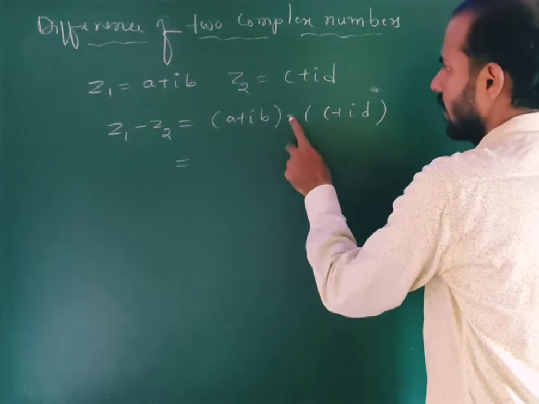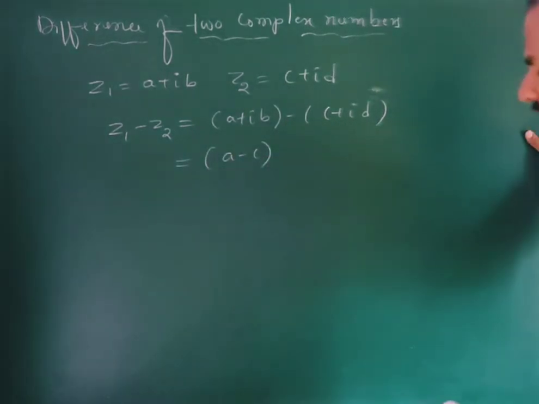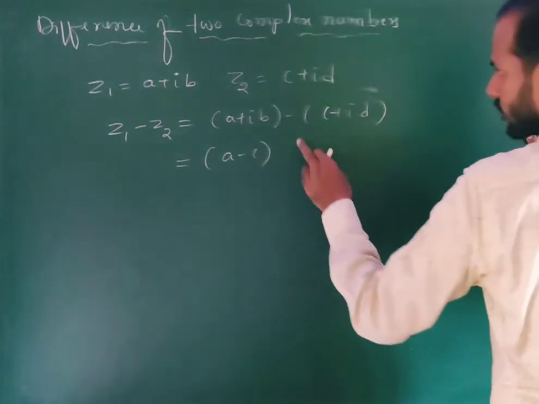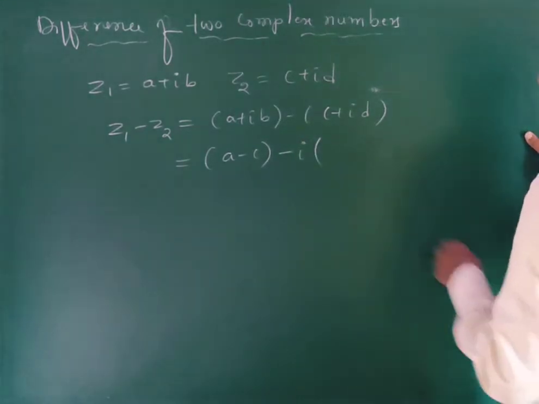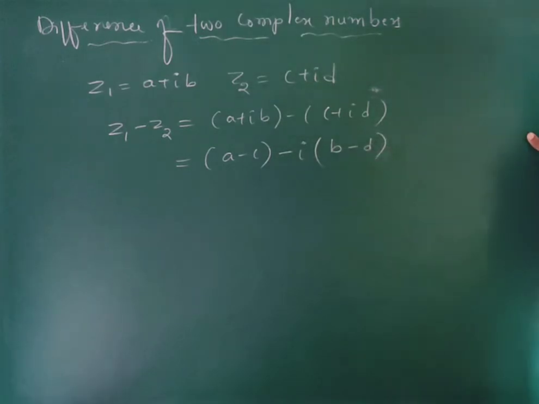Here a minus c, next inside what we get here? a minus c, which is equal to what? Minus i is common here, b minus d, which is equal to b minus d. Got it?